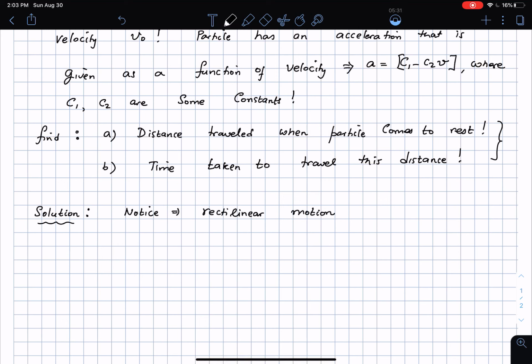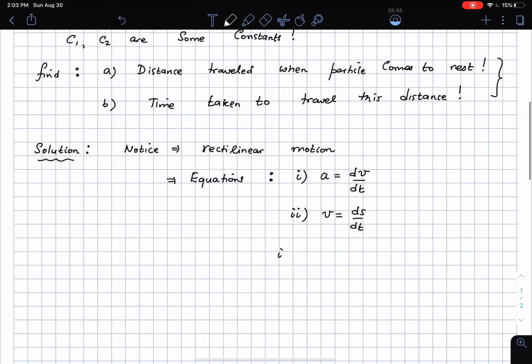Which implies that the equations that hold true are the following. a = dv/dt, then v = ds/dt, and thirdly a = v dv/ds.